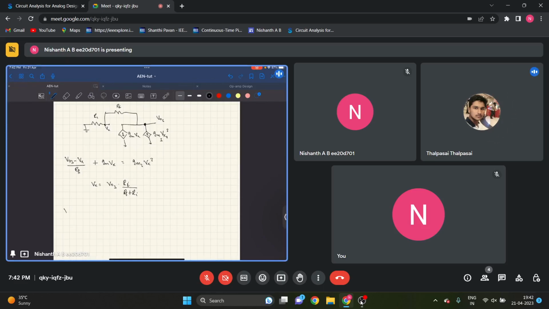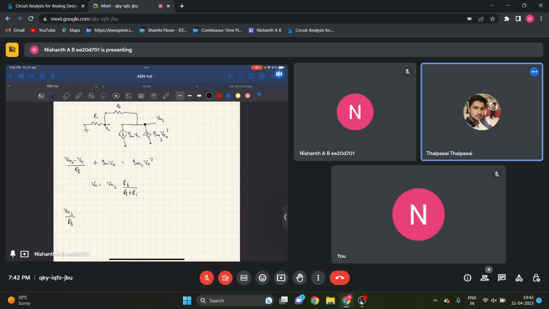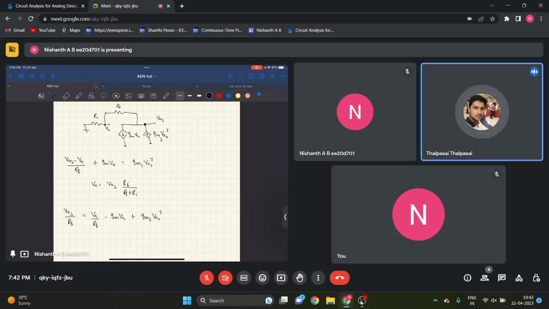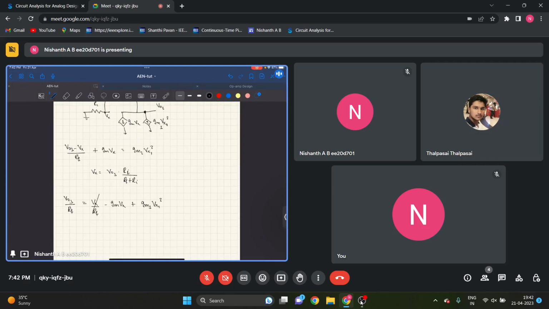So VO3 by Rf is equal to Vx by Rf minus GmVx plus Gm3 Vx1 whole cube. Let's neglect this.